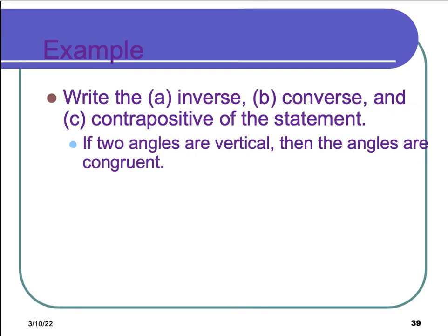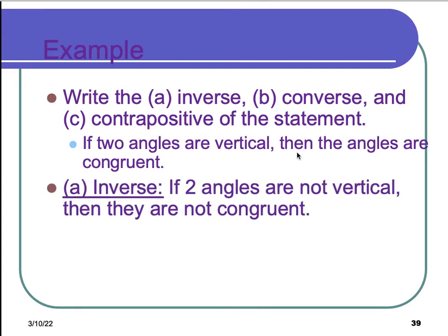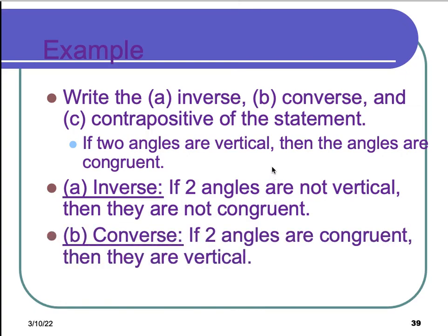Okay, the inverse of this is: if two angles are not vertical, then they are not congruent. The converse is: if two angles are congruent, then they are vertical.